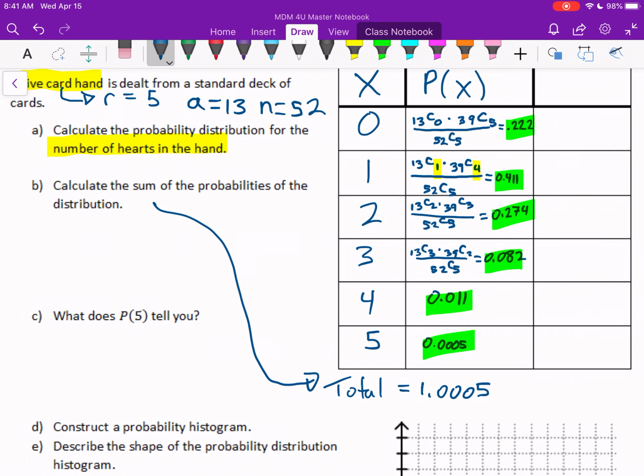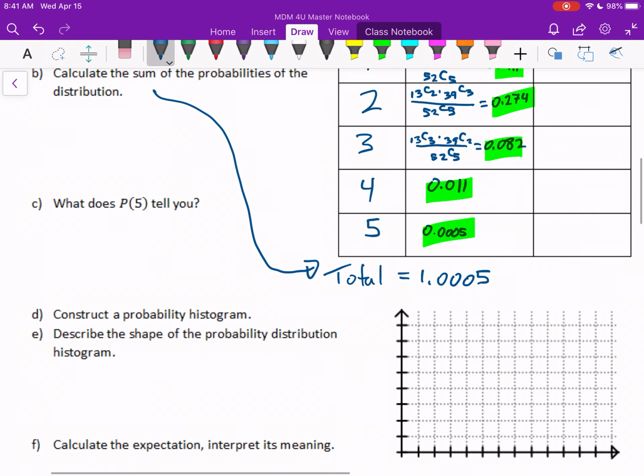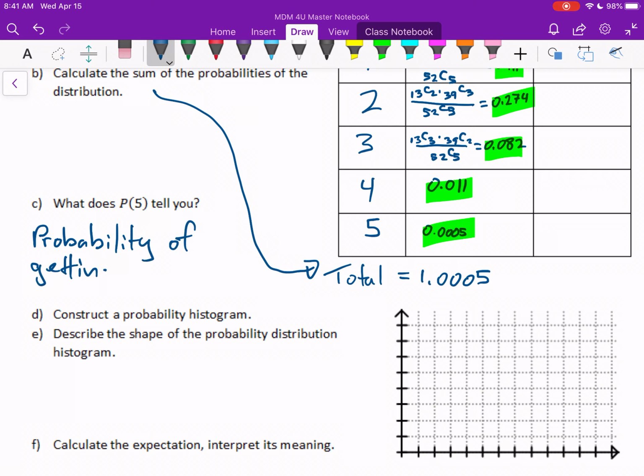What does P at 5 tell you? Well, that's the probability of 5 hearts. So, again, imagine you're sitting playing a card game. Someone deals you 5 cards. Think about what's the probability that all 5 cards in your hand are hearts.